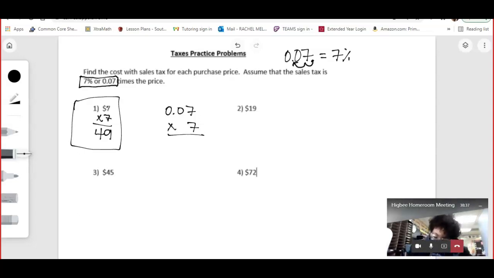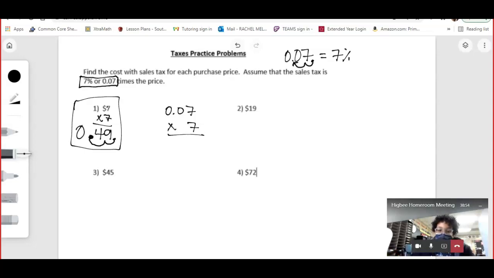So on this answer I start here on the right and go over 2 places. What does that mean my sales tax is? 49 cents. Okay, so this method is without the decimal.